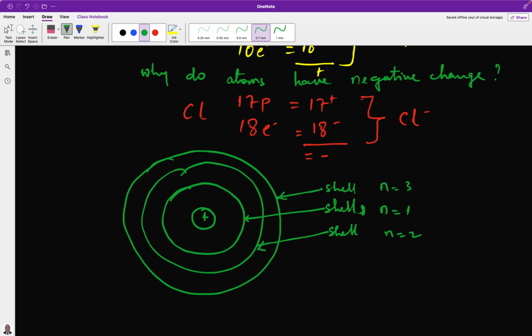Remember, these are electrons. Electrons are revolving around the shells.